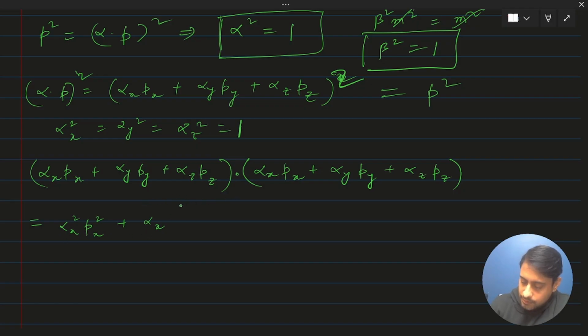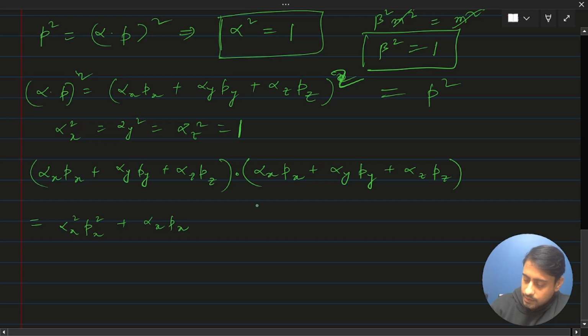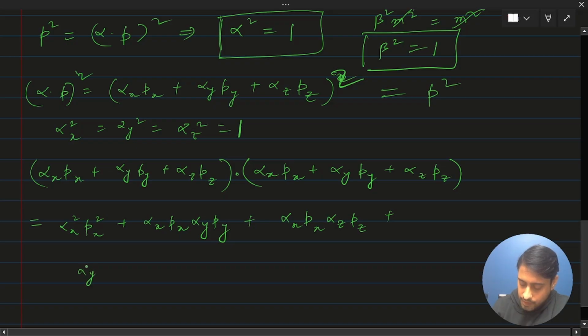So let's just multiply this with alpha x px, then alpha y py, then plus alpha z pz. Let's write the terms in 3 lines. So this will be plus alpha y py into alpha x px plus alpha y py.